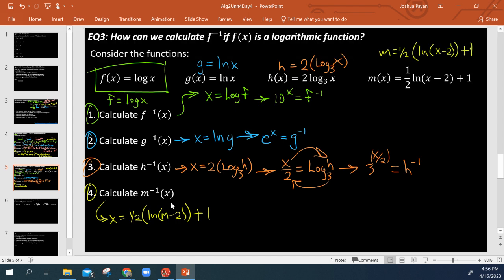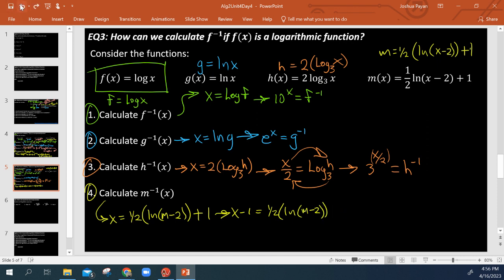Okay, so then now that I have it flipped, same idea as the previous one, work from the outside in. So I'm going to do minus 1 times 2, and then we're going to take care of the natural log after that. Okay, so minus 1 on both sides. So I have x minus 1 equals 1/2 natural log m minus 2, all plus 1.